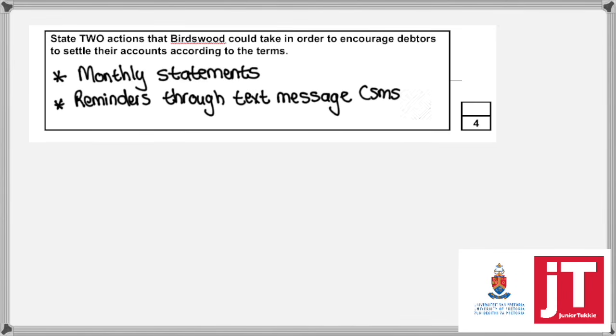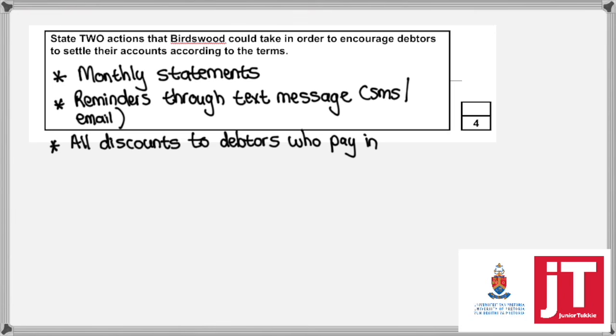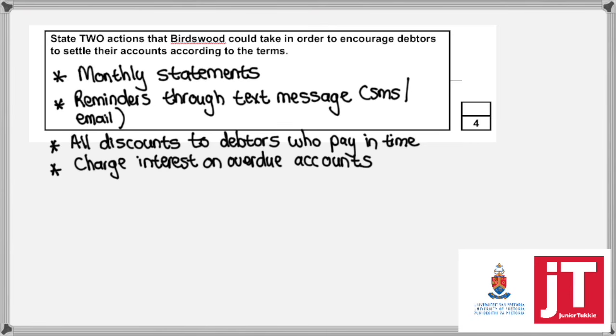We can use text messages, SMS, or we can even email our customers, our debtors. Offer discounts to debtors who pay in time. If they settle their account within 30 days, we can offer them a discount for early settlement. We can charge interest on overdue accounts.